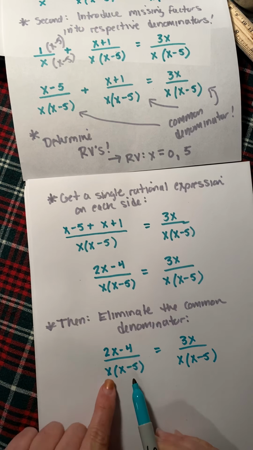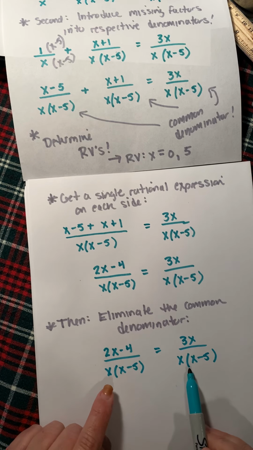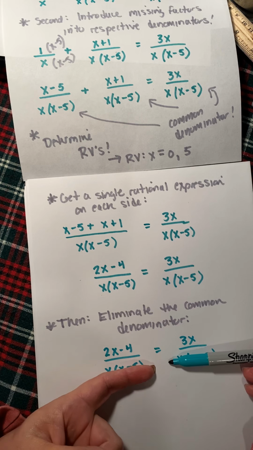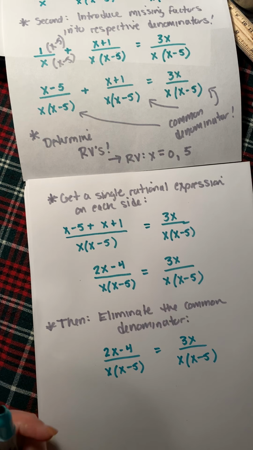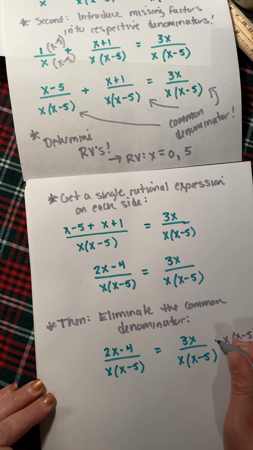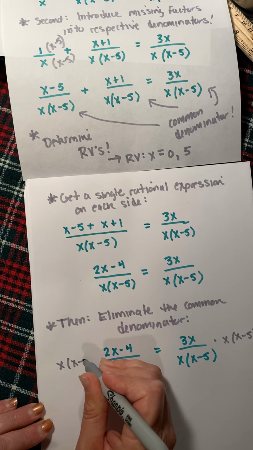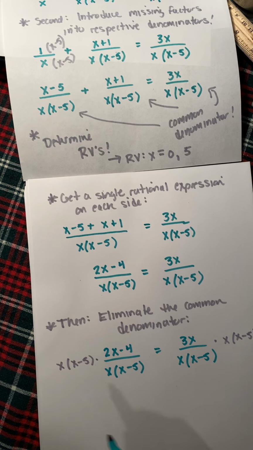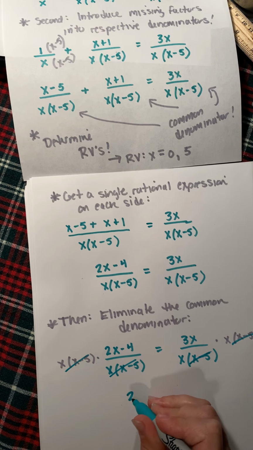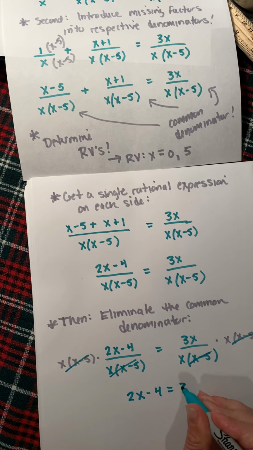If something over x times x minus 5 equals something else over x times x minus 5, then really we could just set the numerators equal. 2x minus 4 must equal 3x. Algebraically, we get that by multiplying both sides by the common denominator. And if you're comfortable and want to skip this step and set the numerators equal, that's fine, because we're multiplying and then dividing by the same thing, so those just cancel out. So 2x minus 4 equals 3x.